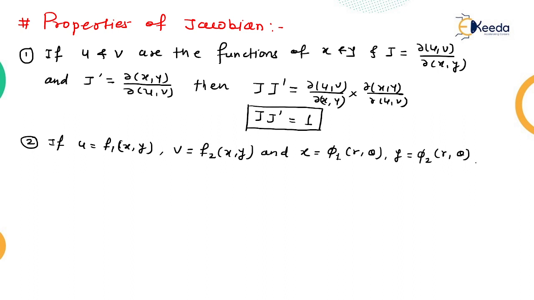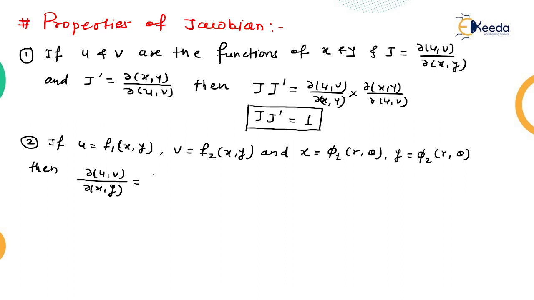Okay, so let's see from here: if u and v are different functions of x and y, and again x and y are functions of r and theta, then how will the Jacobian of u, v with respect to x, y be calculated? This can be done by using this formula.